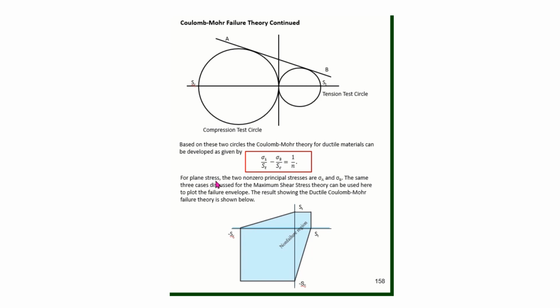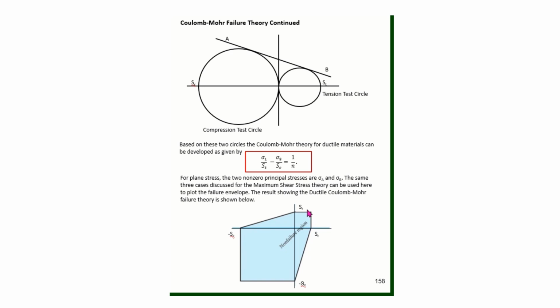And then for plane stress, the two non-zero principal stresses are sigma A and sigma B. And the same three cases discussed for the maximum shear stress theory can be used here to plot the failure envelope. The results showing the ductile Coulomb-Mohr failure theory are shown below. So what we get is an angled line here in our quadrant 4 and in our quadrant 2.